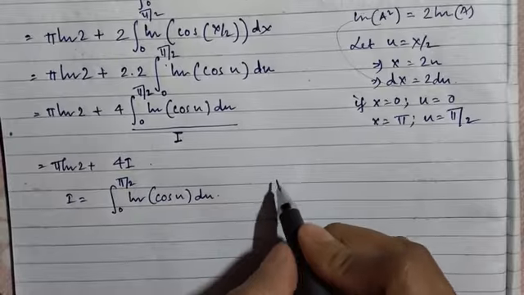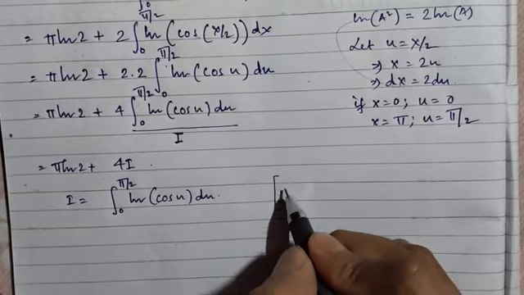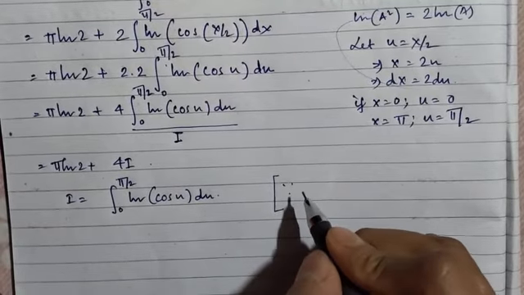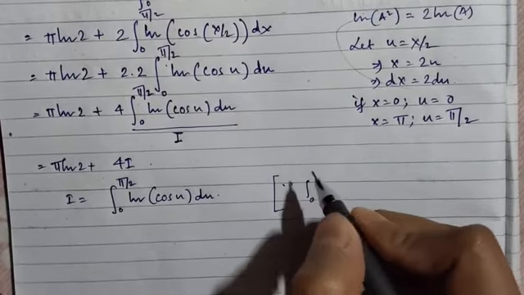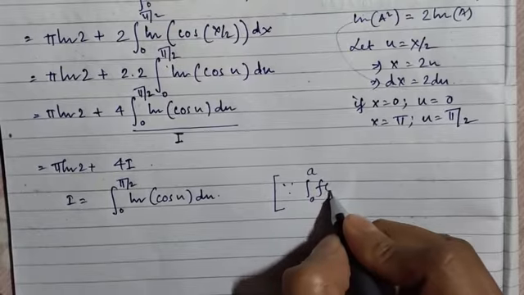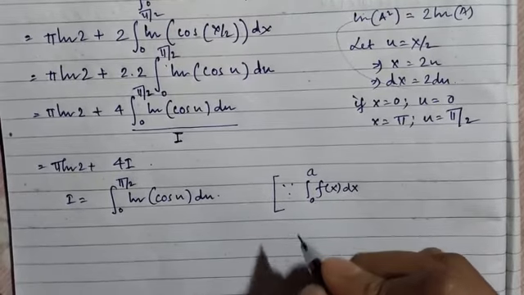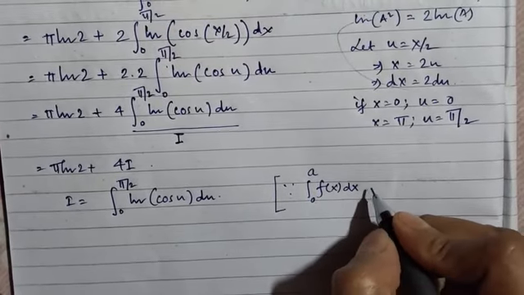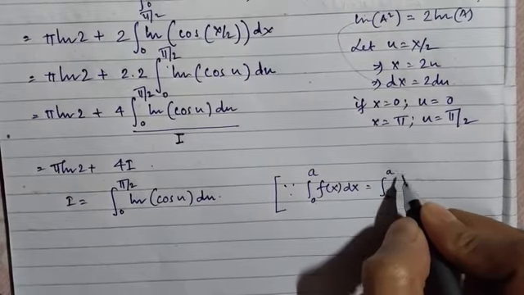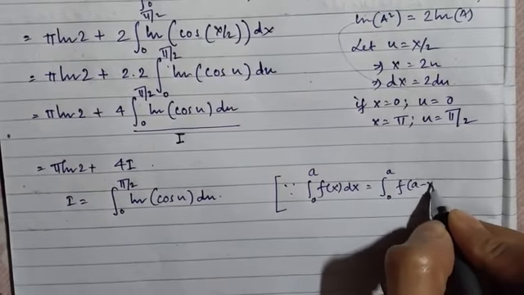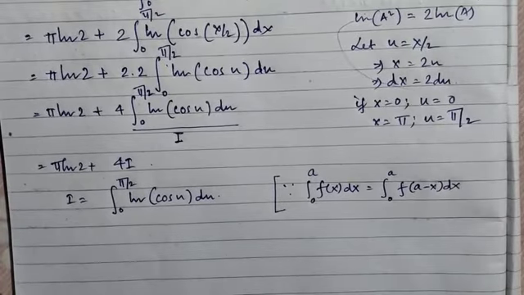as we know, there is one definite integral property, where it says integration of 0 to a f of x dx equals 0 to a f of a minus x dx, right?